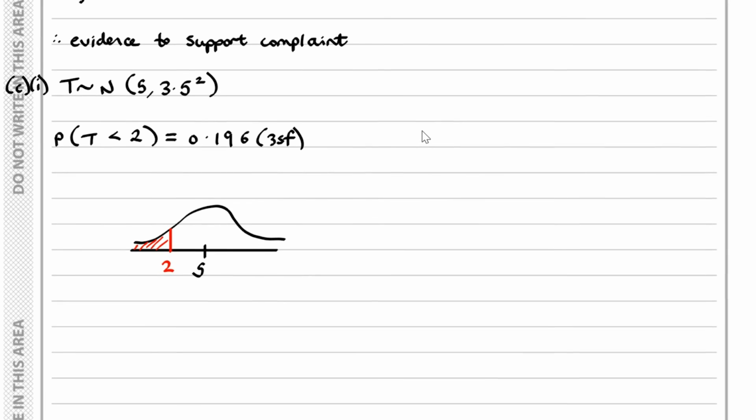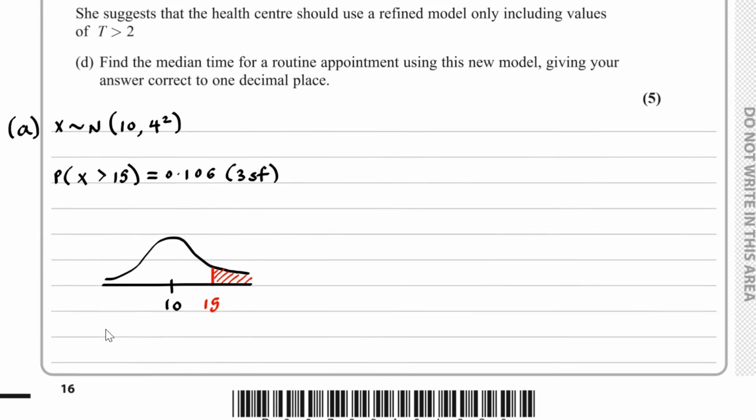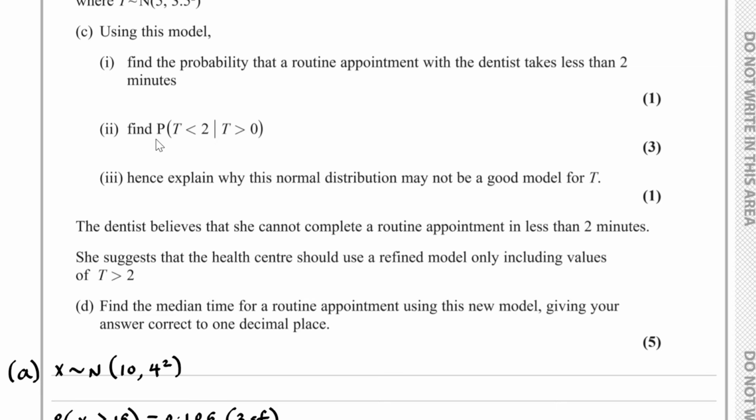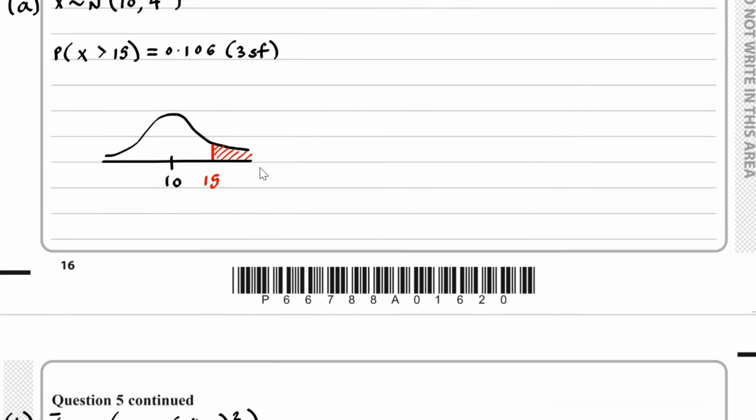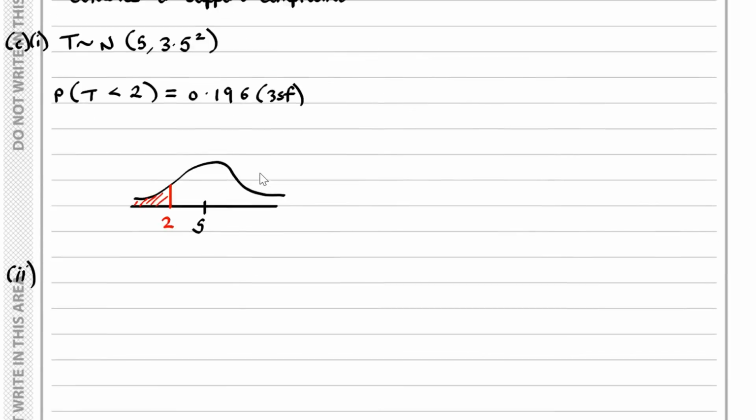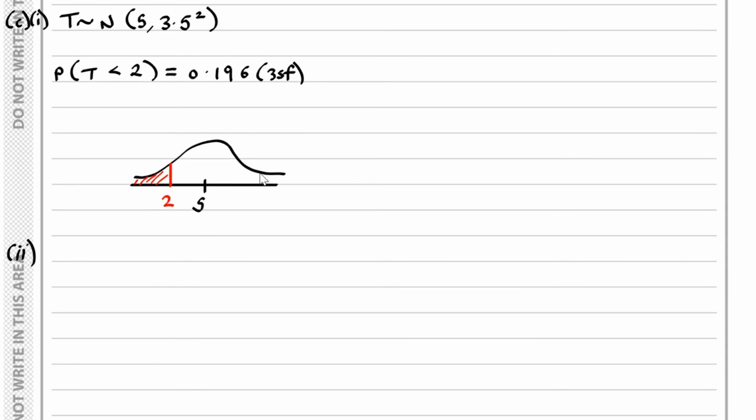Okay, and now for the next part of the question, we have to find the probability that t is less than 2 given t is greater than 0. Again, I think it will be a good idea to sketch this problem.